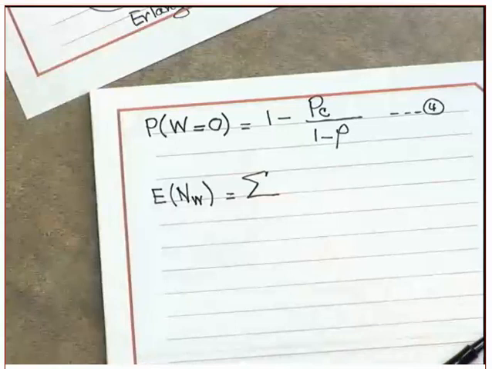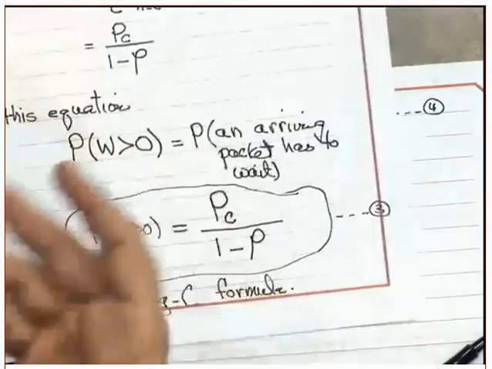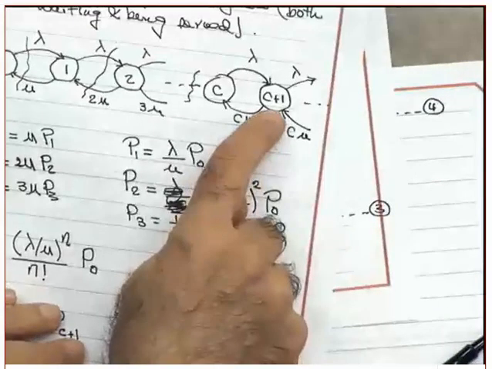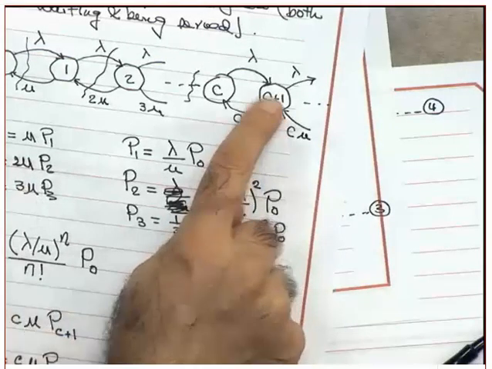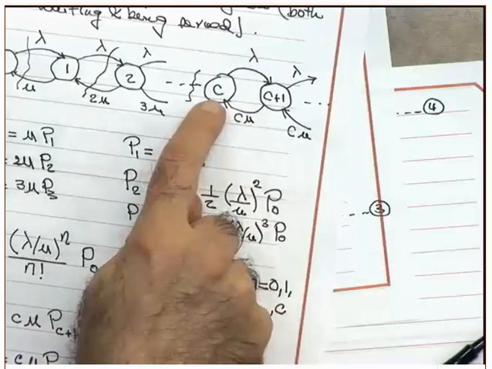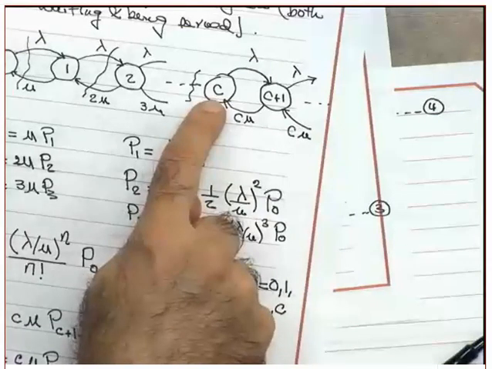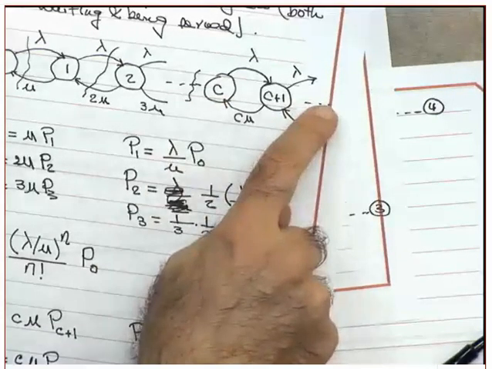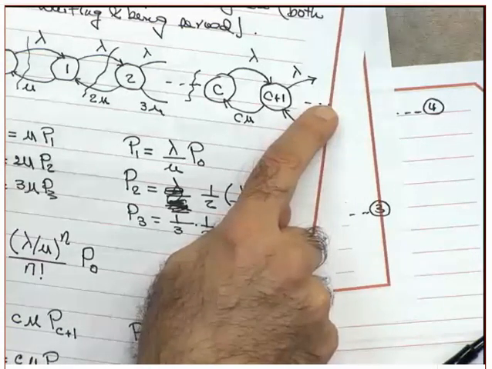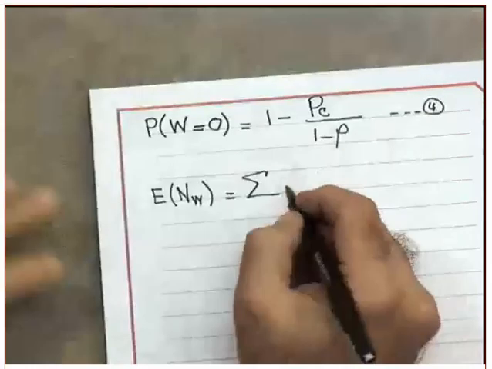Now listen to me. If the number of packets in the system was C plus 1, how many of them are waiting? 1. If the number of packets in the system is C, how many packets are waiting? 0. One more example. If the number of packets in the system is C plus 2, how many packets are waiting? 2. Look what I'm going to write.